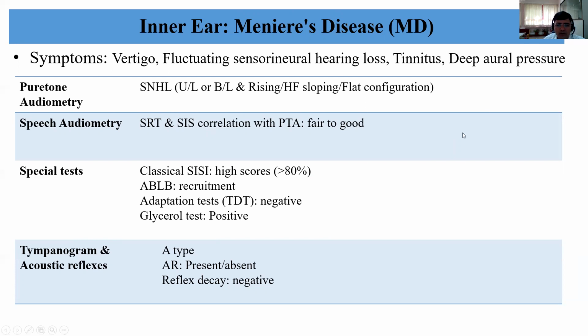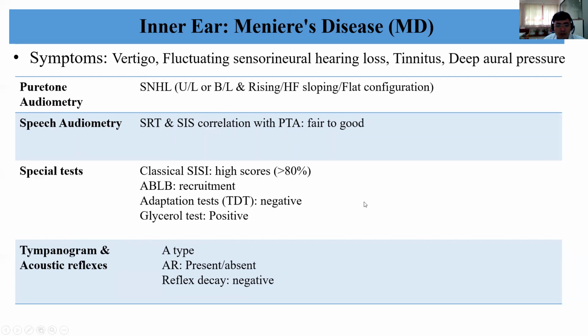Most often it is affected unilaterally, but we do see bilateral too. So the sensory hearing loss may be in one ear or both ears, and the slope is either rising or falling as well as flat. Again, there is a fair to good correlation with SRT-PTA and SIS.